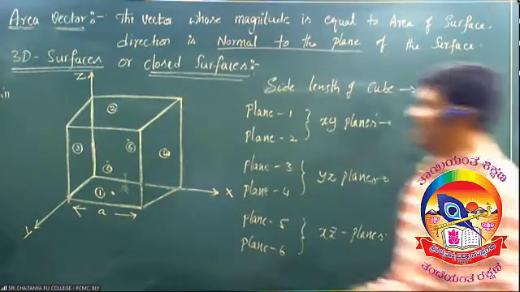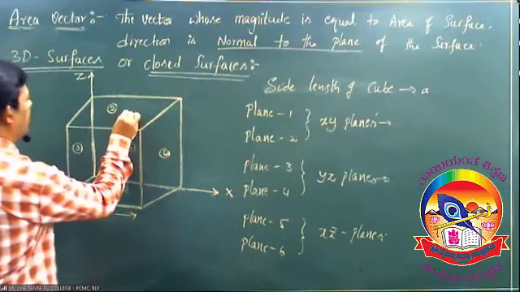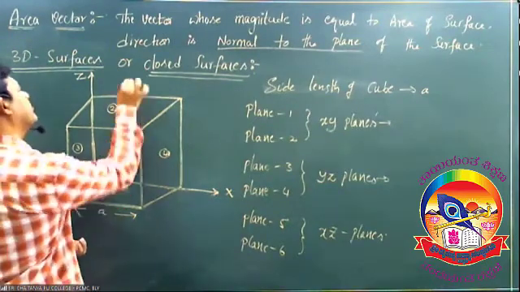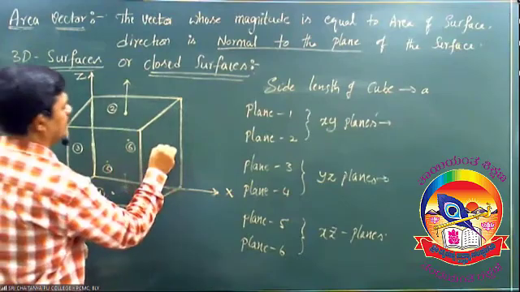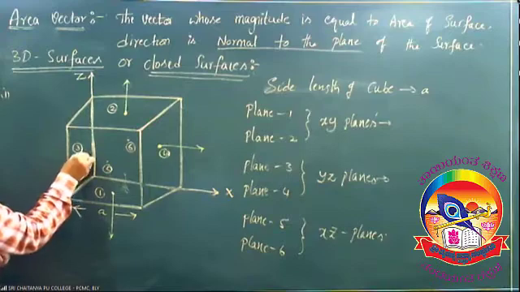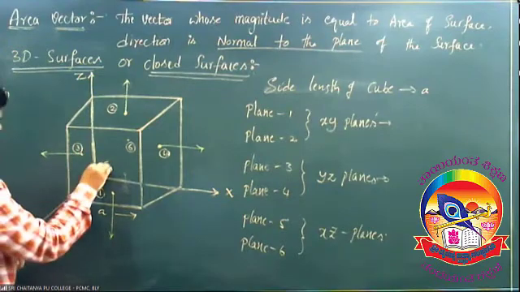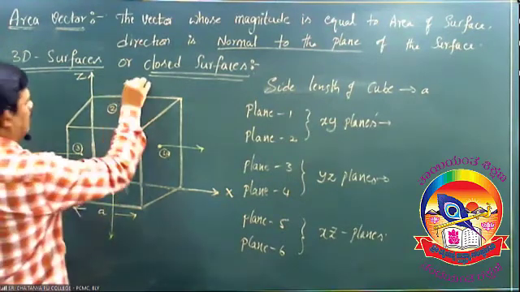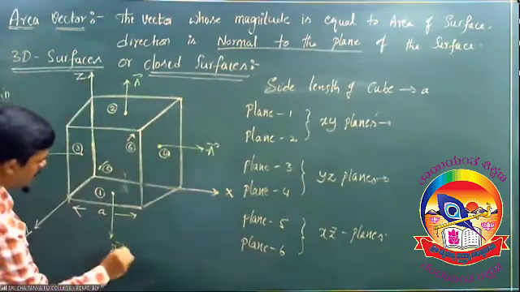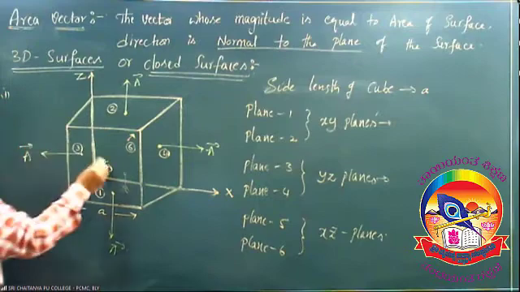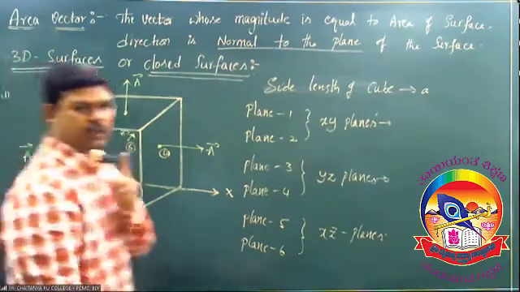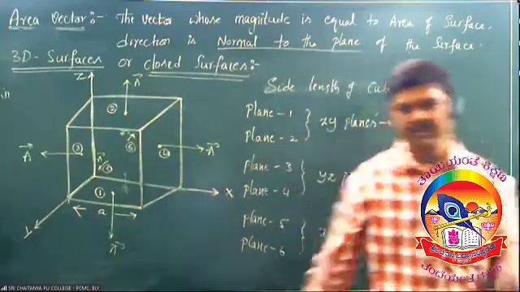My question is, what is the area vector and its direction? We know area vector should always be normal to the plane, right?